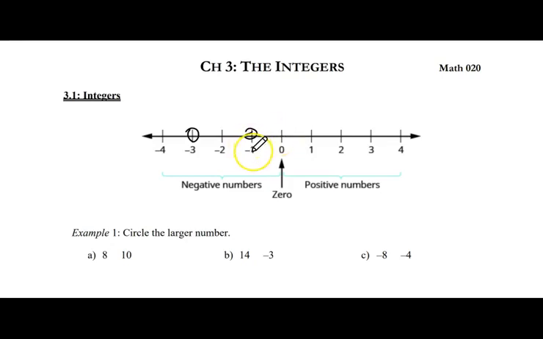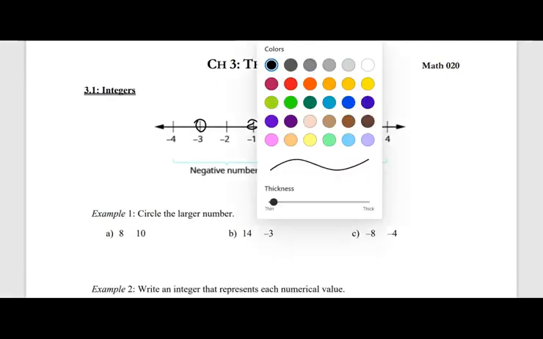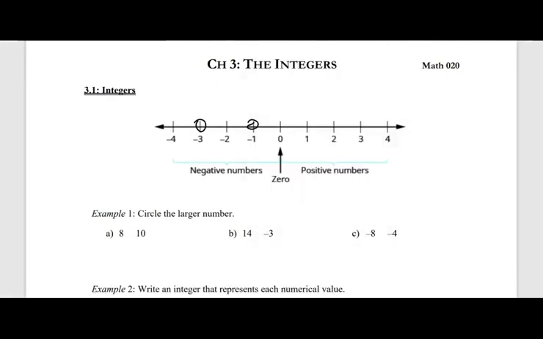So even though seemingly the 1 should be less than 3, because they're negative, their comparison is going to be in reverse. It's quite logical because the general rule is whichever number is on the right is going to be larger. And you see that with your positive numbers.